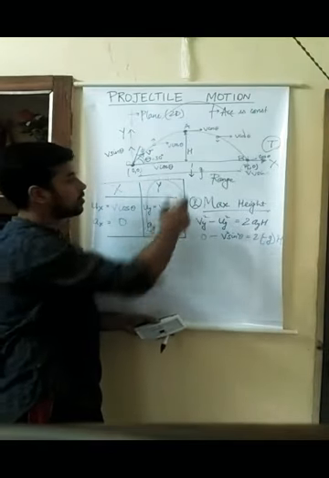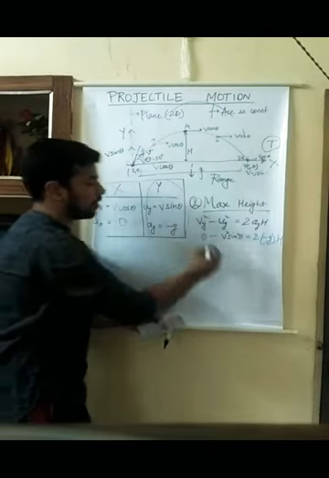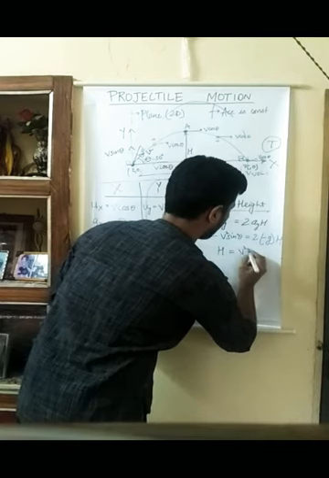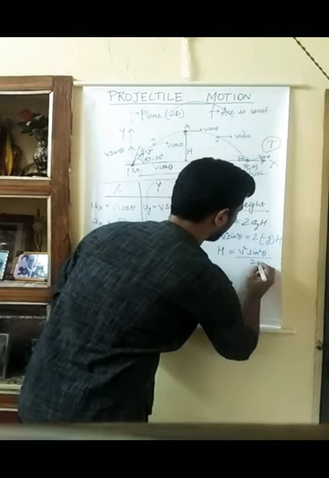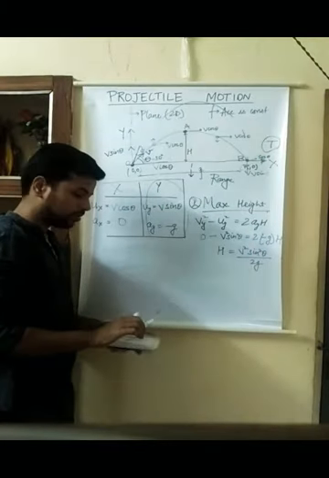Vertical displacement is h, so we use h here, and from here we get the maximum height as v square sin square theta upon 2g.